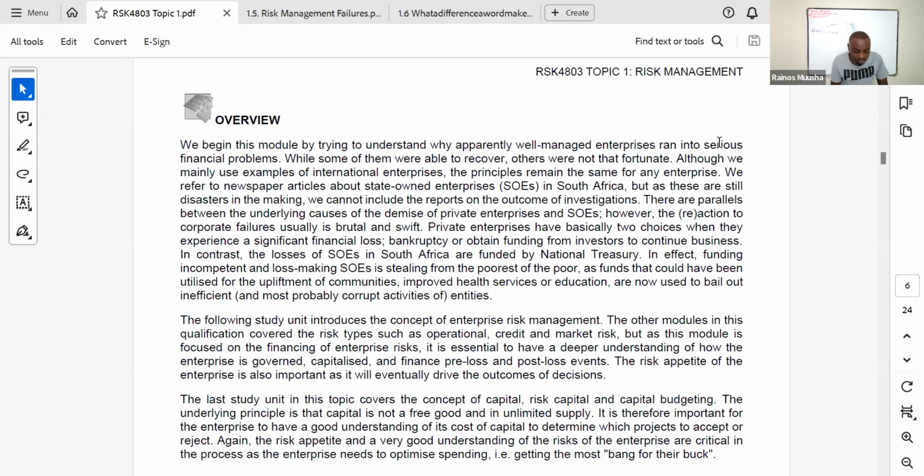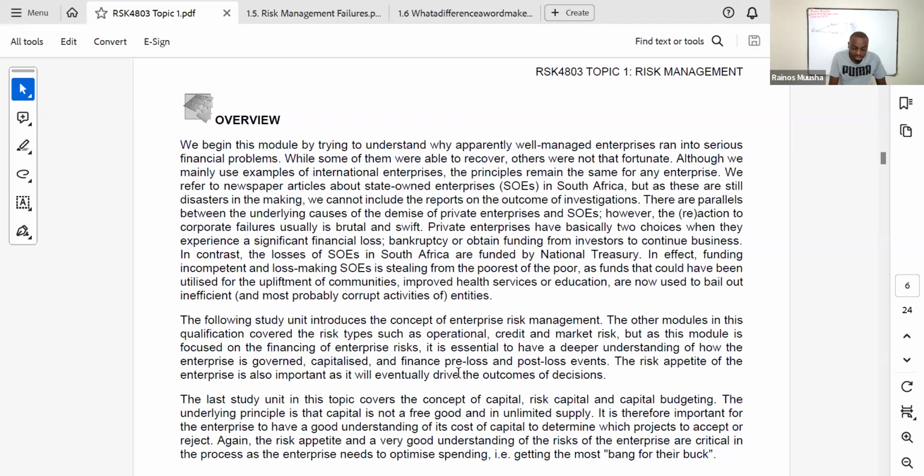And remember, when it comes to the financing, whether it's pre-loss or post-loss, we're going to be looking at it when we look at study unit 3. Also, when you look at study unit 12, we're going to be looking at it in detail.